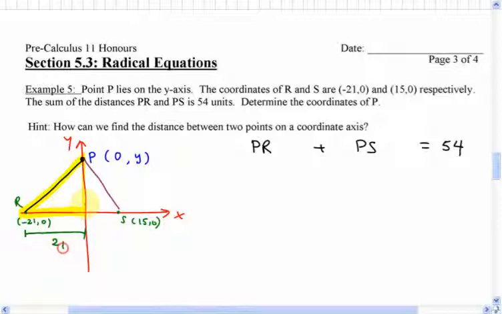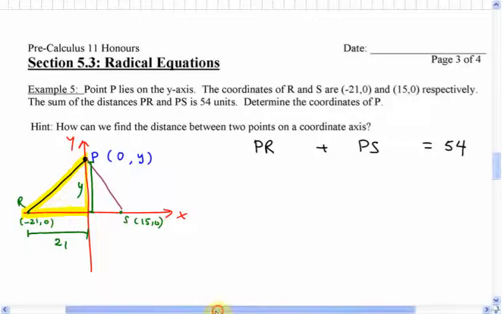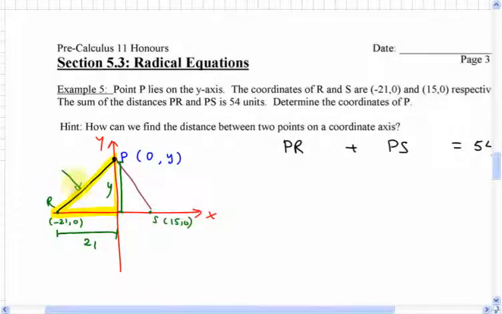What is the actual distance from there to there? 21. What's the distance from the origin to that point? We call it y. So therefore, PR would be a squared, 21 squared, plus b squared, y squared, and then don't forget to square root it. So there's your expression for PR.